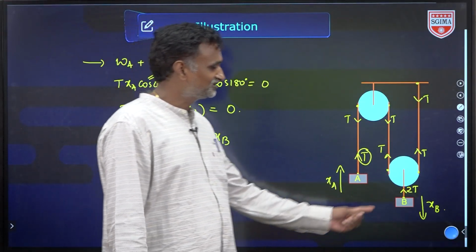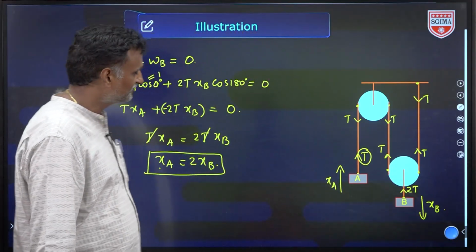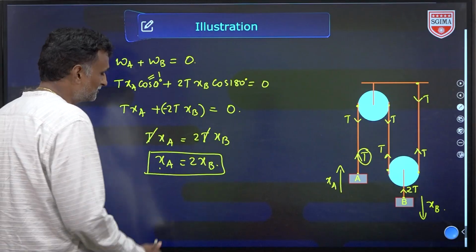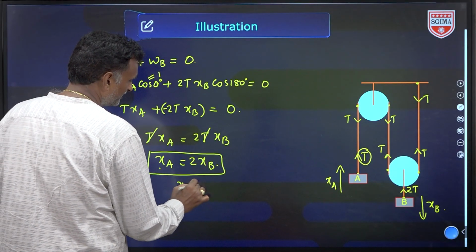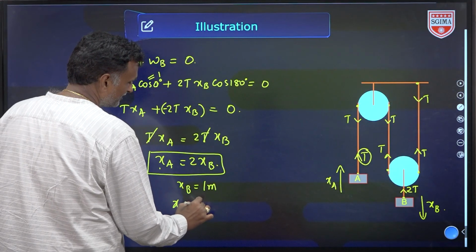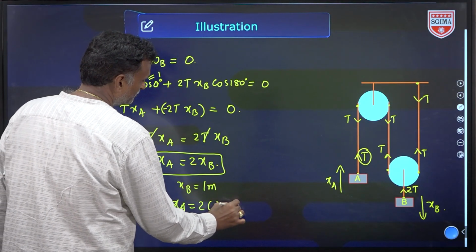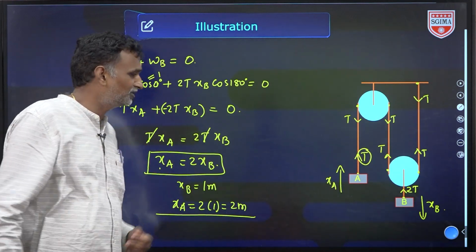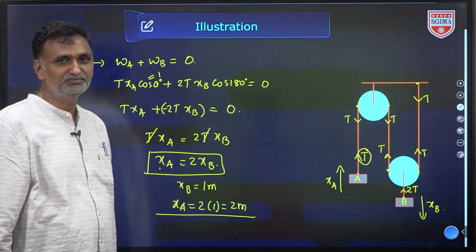Next, if XB covers 1 meter, then XA covers 2 meters of distance. So we can conclude that if XB equals 1 meter, then XA equals 2 into 1, 2 meters. In the same ratio, velocities can also be solved.